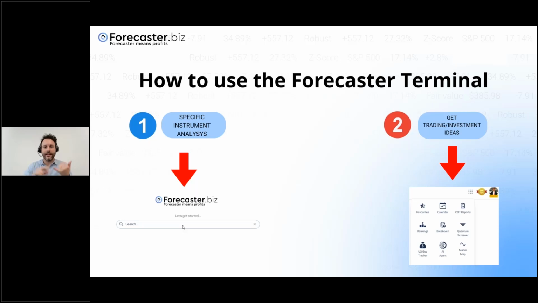Could be an index, a stock, a commodity, a forex. You can search for everything. Or you can get ideas from the Forecaster, and to get ideas you can go through the tools you have in your account. So these are the two main ways you can use the Forecaster Terminal.